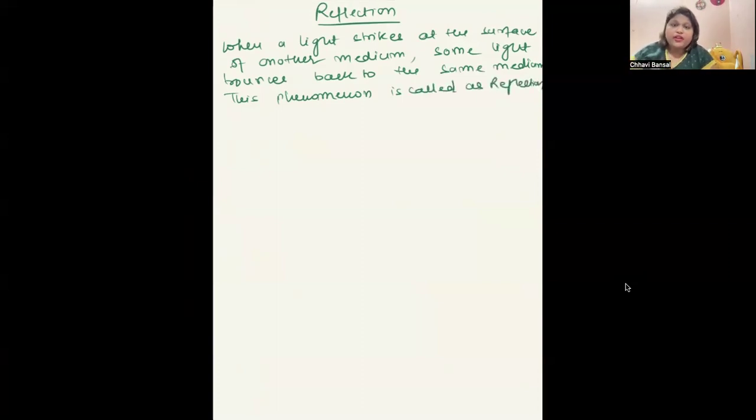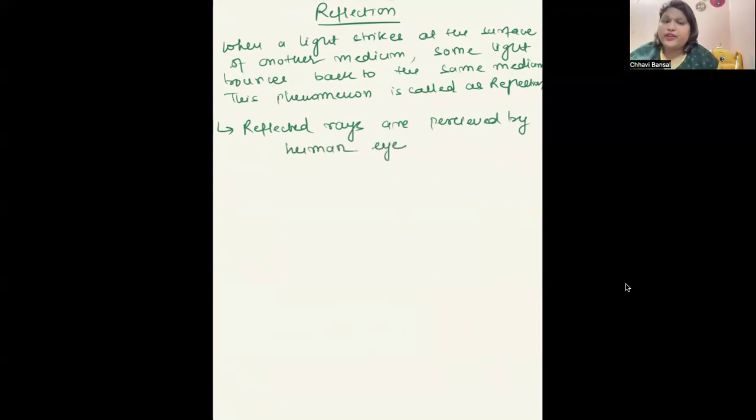Means getting reflected back to the same medium. Okay. Reflected rays are perceived by the human eye. Means what? The human eye can only detect the reflected rays. Okay. So reflected rays help in seeing the objects.